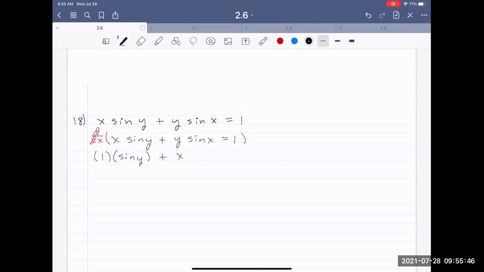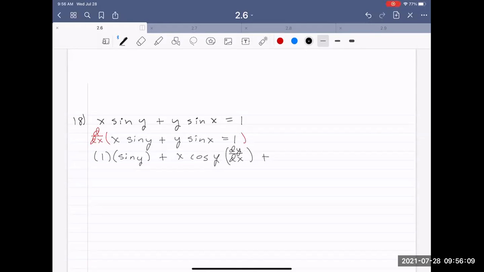The derivative of sine of y is cosine of y times the derivative of what's inside. The derivative of y is dy over dx, plus the derivative of the first.